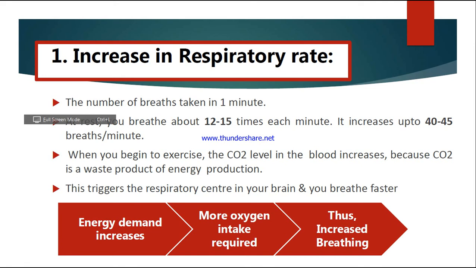The number of breaths taken in 1 minute will be increased. Now at rest we breathe 12 to 15 times per minute, but when we do exercise, this 12 to 15 times can increase up to 40 to 45 times per minute.